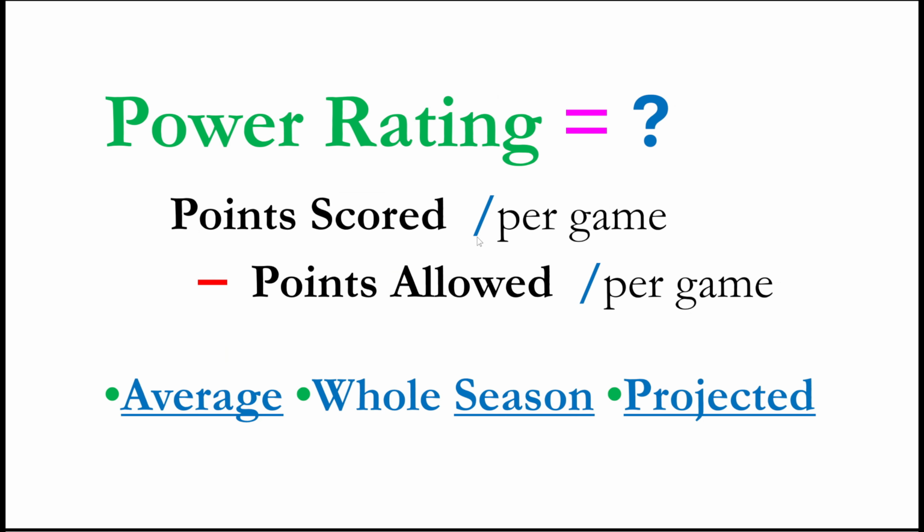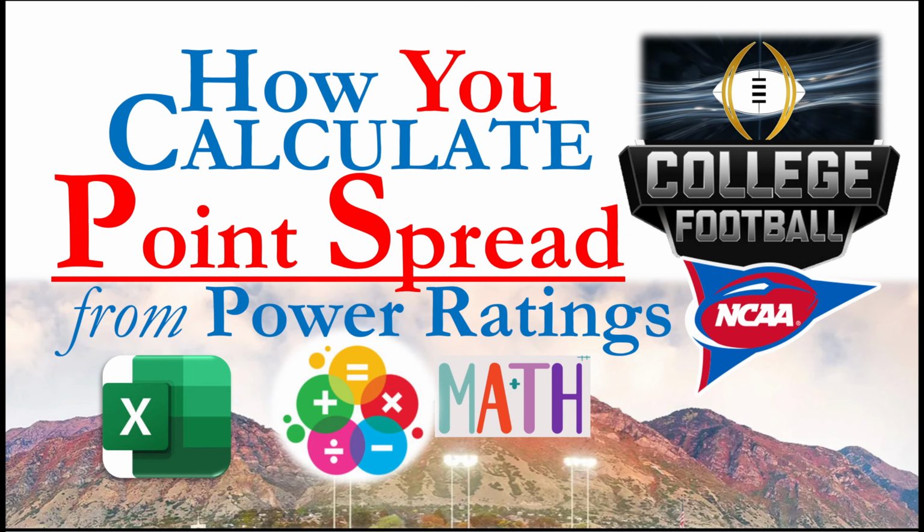Now, what are the implications of this? Well, now that you know where these power ratings come from, basically point differential, offense minus defense, points scored minus points allowed per game, on average for the whole season, projected for the future, adjusted for strength of opponents, strength of schedule, venue, injuries, and how the point spread is calculated, you know that they come from humans.